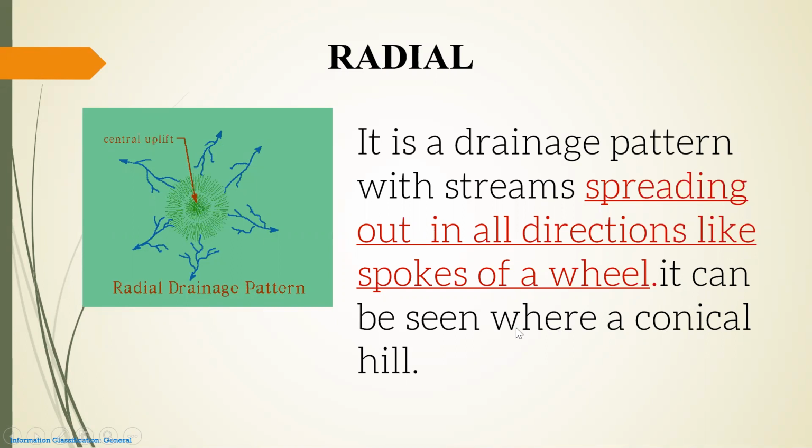It can be seen on a conical hill, and it is spreading out in all directions like spokes of a wheel. And you know the rivers or streams flow from the high elevation to the lower elevation. Because of that we can see this radial drainage spreading like spokes in all directions, and the main geographical region where we can see this type of pattern is the conical hill.